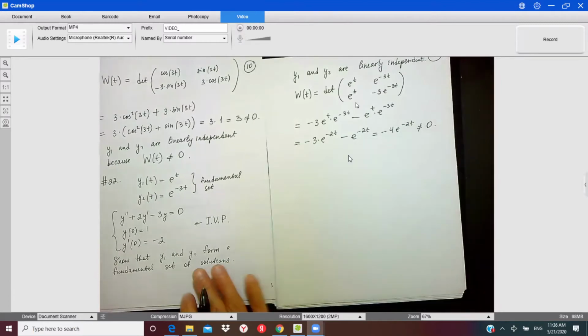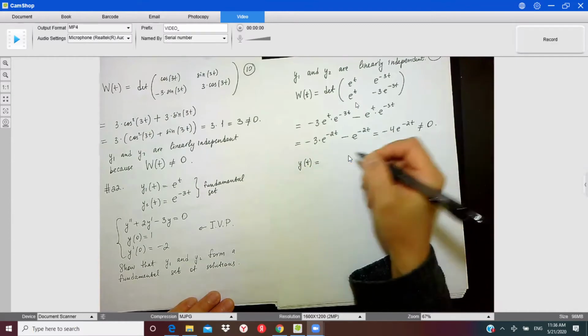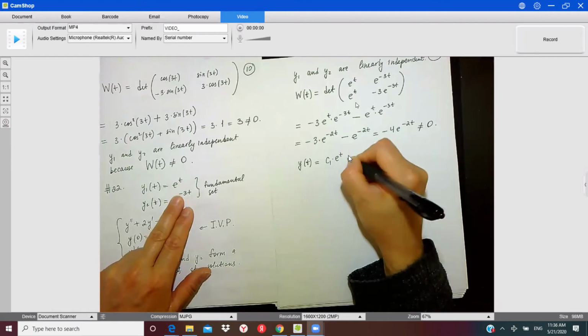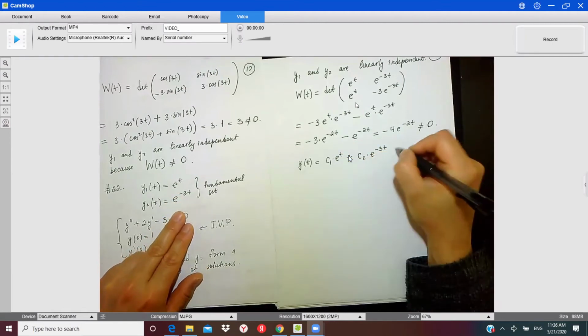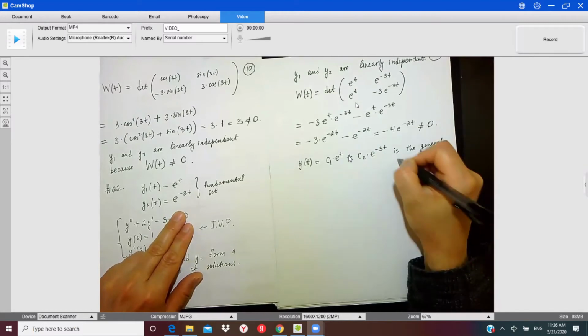And this is now where we say the general solution y of t will be c sub 1 times e to the t plus c sub 2 times e to the -3t. So that is the general solution.